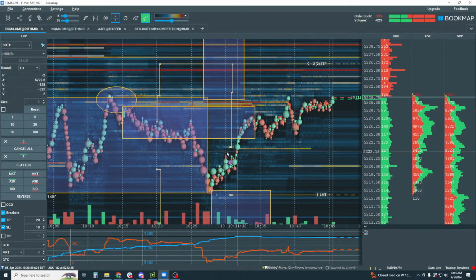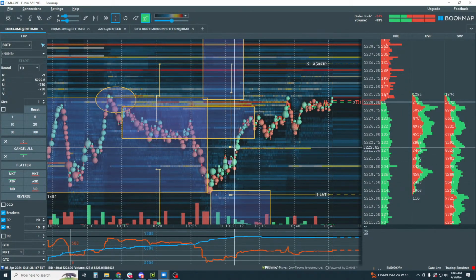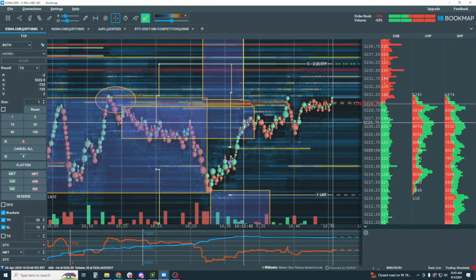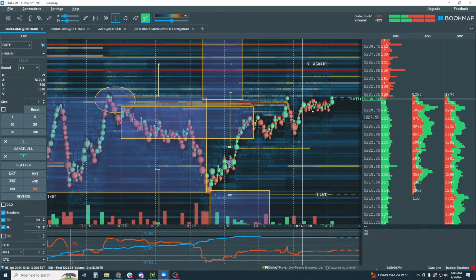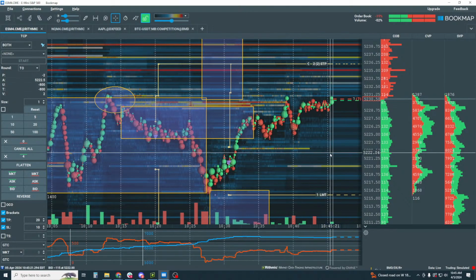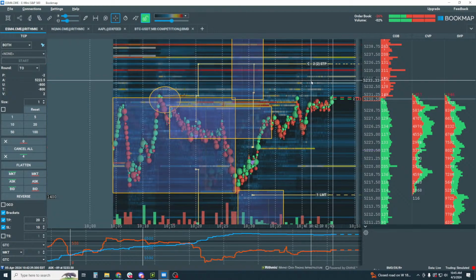Instead, we see that this has turned into kind of a pivot here where the sellers are upended by the buyers coming in. If we get more sellers to come in, they've got to get through this kind of 22 level, 23 level here.